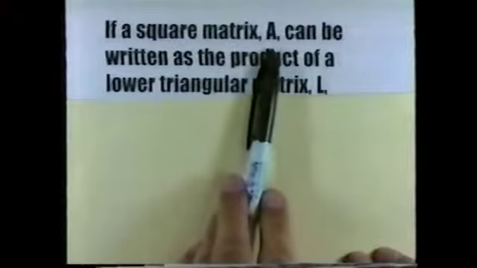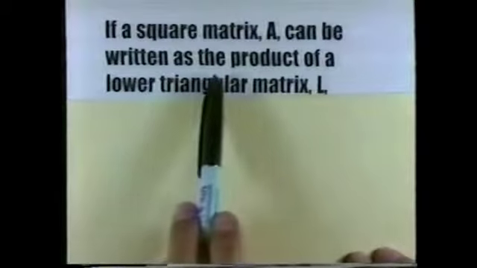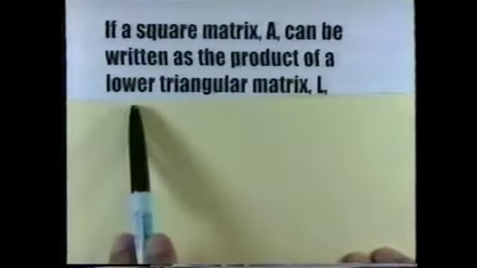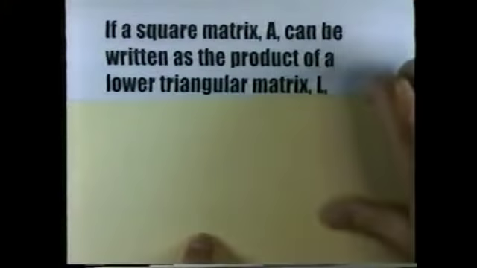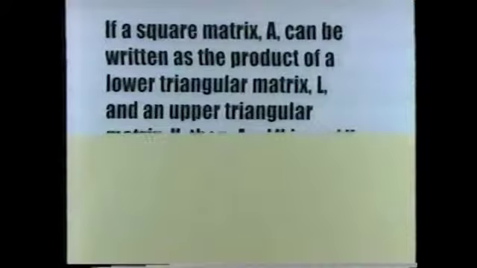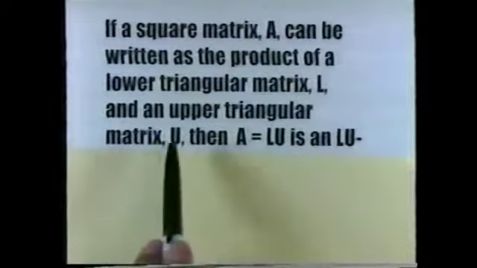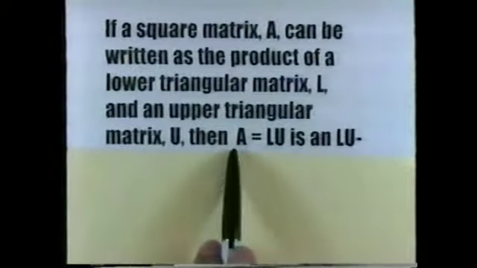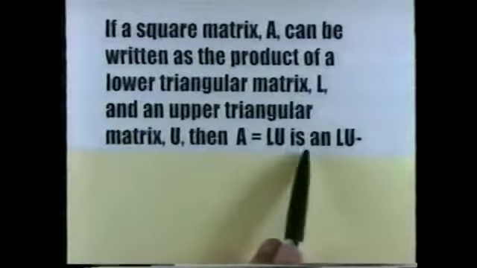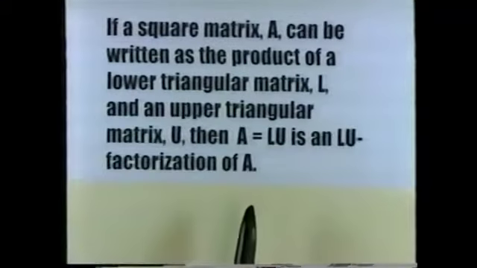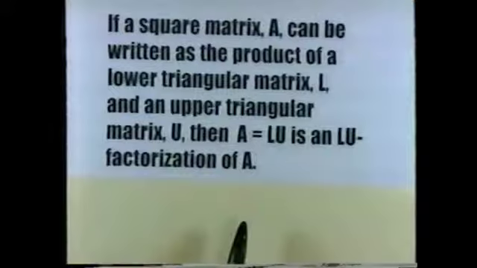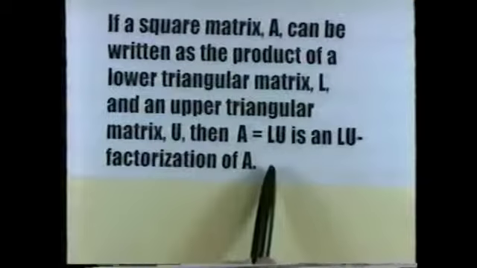If a square matrix A can be written as the product of a lower triangular matrix L and an upper triangular matrix U, then A equals L times U is an LU factorization of A. It's just like you factor numbers.